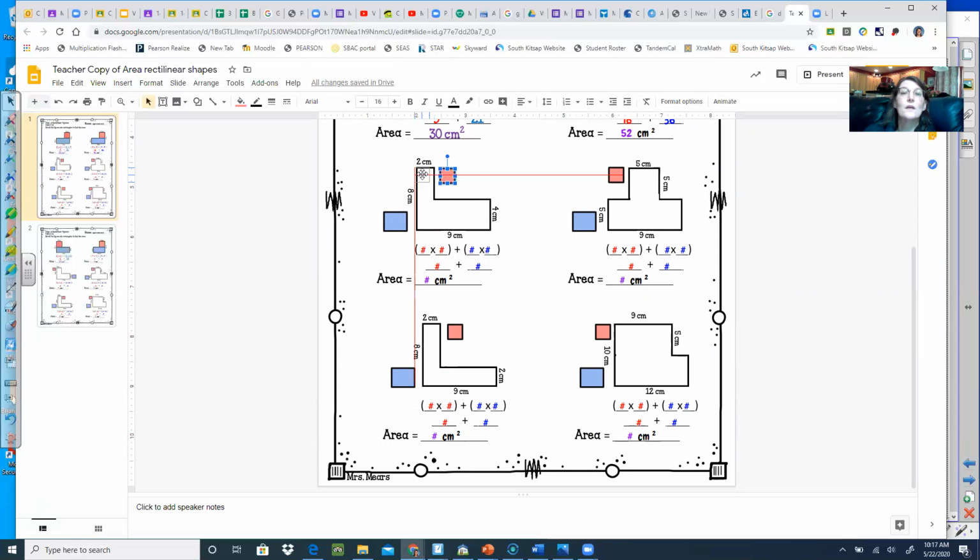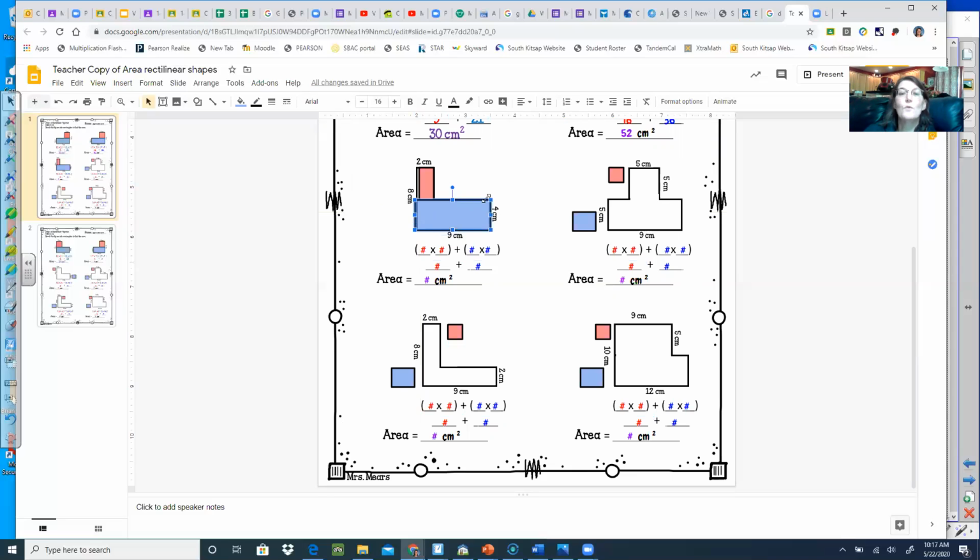So I'm going to drag my red over, and it's going to go to there. I'm going to drag my blue over. Doesn't line up quite perfect, which is annoying. So I'm going to look at the blue first because it's easier.